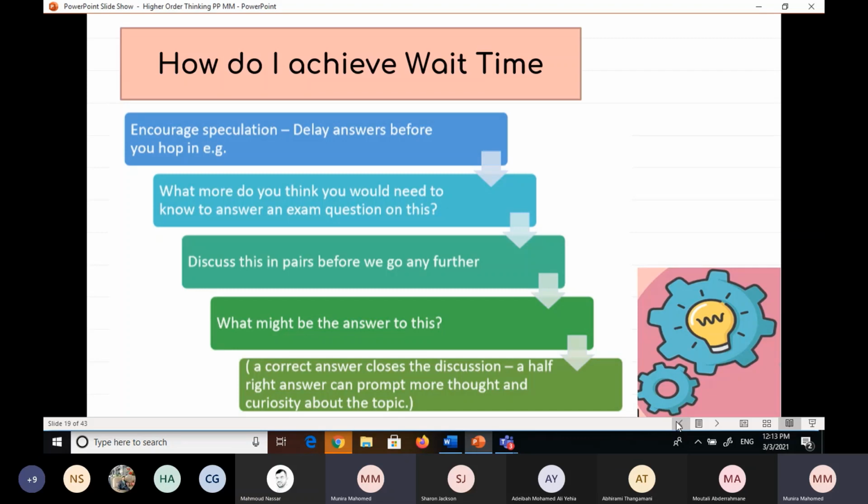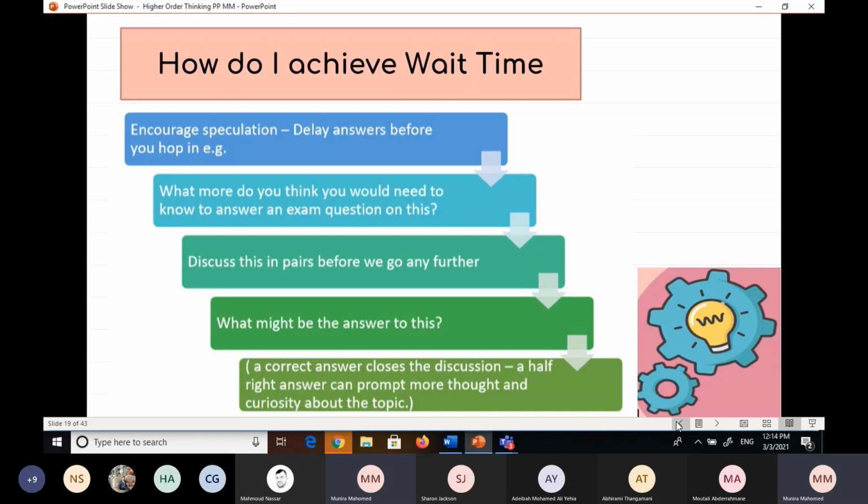If it is necessary, discuss it in pairs before you go any further and see if students are on the same level. Many of them won't be. So in order to have a discussion, you kind of bring them onto the same level as some of the students who are already involved in that critical thinking. You can ask them, what might this answer be?